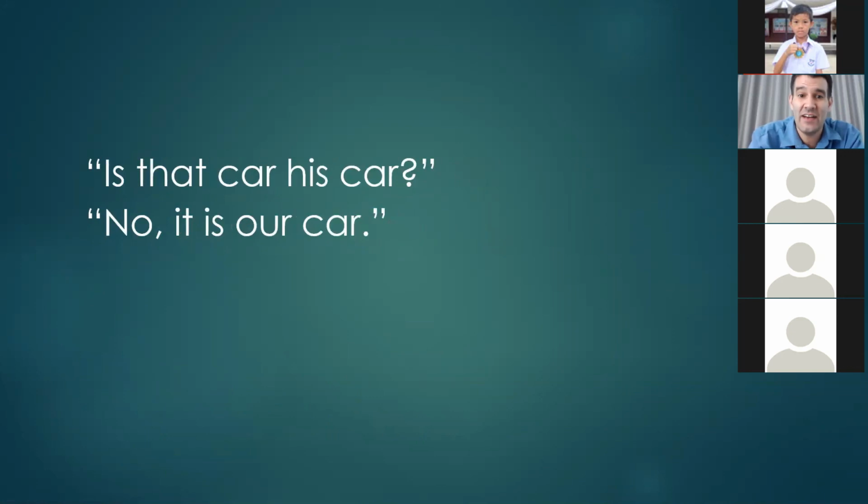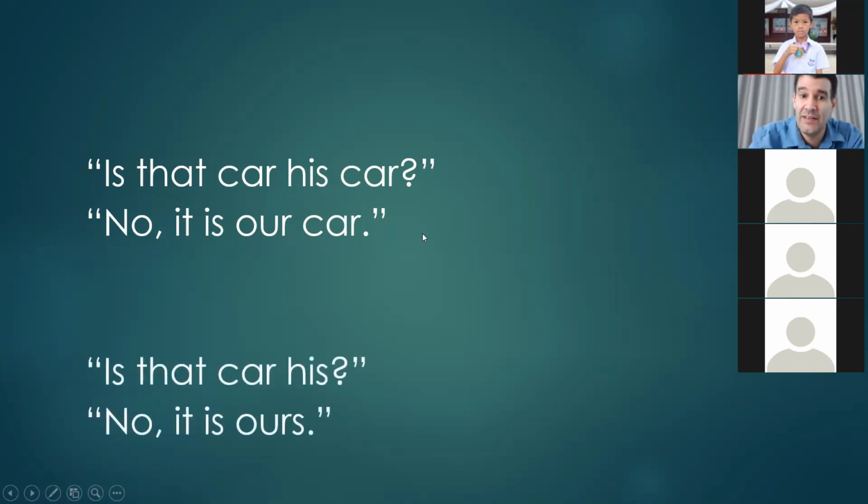This one, is that car his car? No, it is our car. So in this one, we will change his car and our car to, is that car his? No, it's ours. Remember, his already has an S, so you do not add another S.